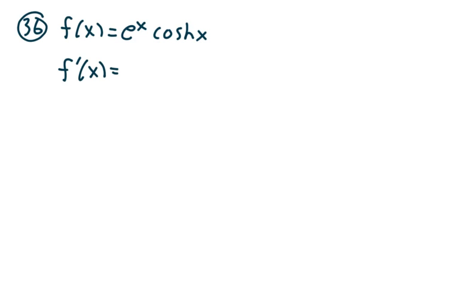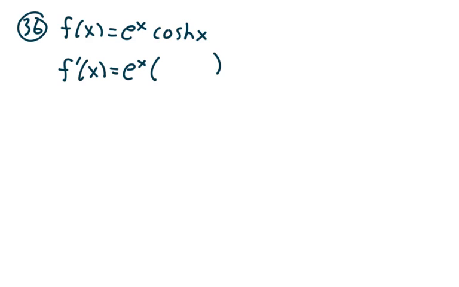If we take a look at 36, we have f of x is equal to e to the x times cosh x. And I want f prime of x. So this is classic product rule. So I'm going to write down the first function, which is e to the x, and I'm going to multiply by the derivative of the second function.